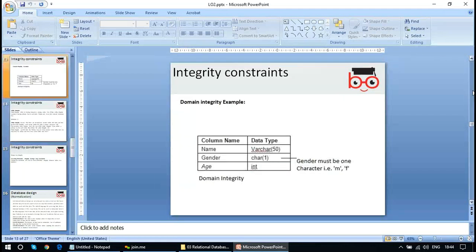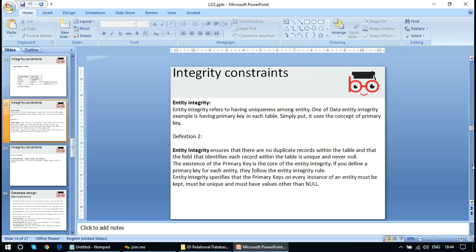When you talk about domain integrity, you talk about the values of a particular variable. These are just a number of terms used in database terminology. Is that clear? Okay, yeah, I get that. There is another definition: entity integrity ensures that there are no duplicate records within the table.